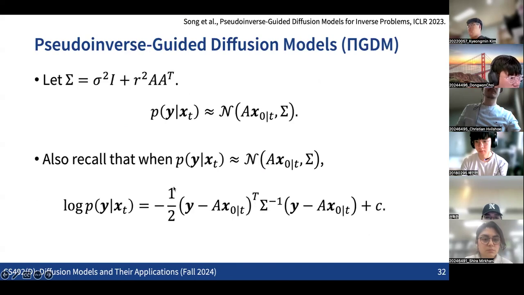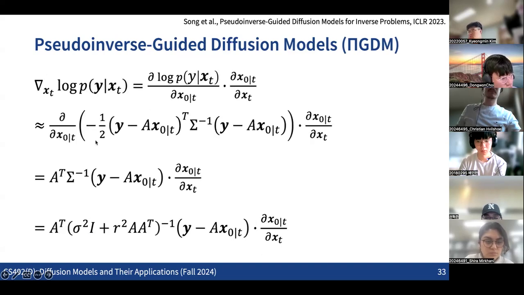So let's simplify the notation: we denote this entire variance as the big Sigma here. Then we first take the log of the probability distribution, and then take the gradient of the log of that probability, and we can see that the score function can be calculated in this way.